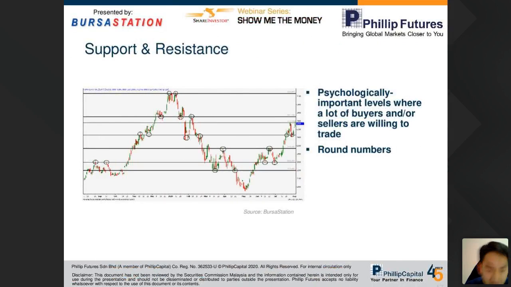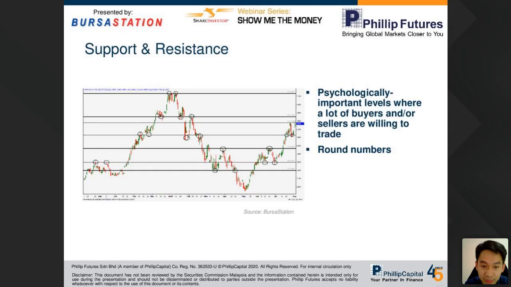You can see on the screen here, I've highlighted the support and resistance levels. One of the main criteria is you have to make sure there are two same reference points. The circle is known as a reference point. When there are two similar reference points, you can conclude that the price cannot break higher. Then that will be the resistance.